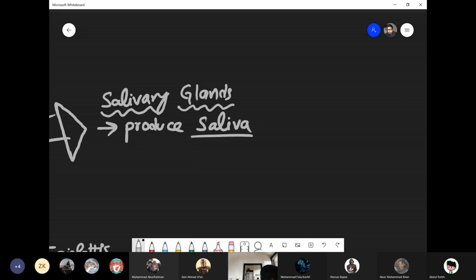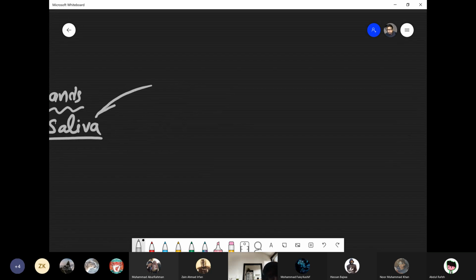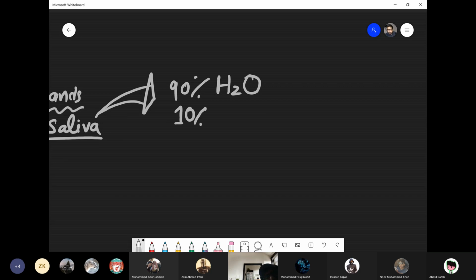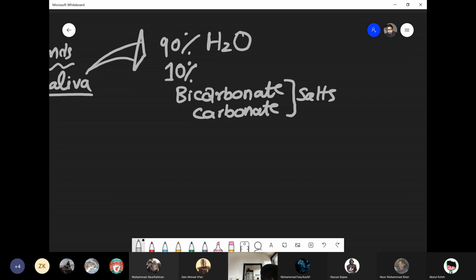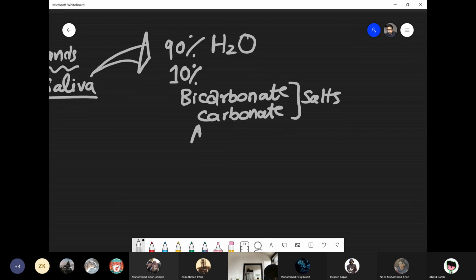Now, guys, this saliva contains 90% water, and the rest of the 10% contains bicarbonate and carbonate salts, and it also contains amylase enzyme.